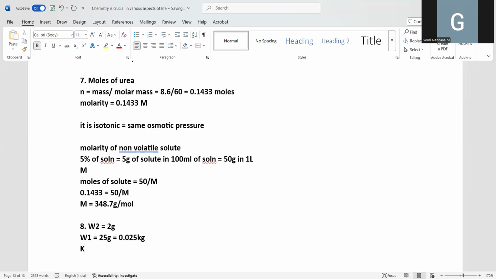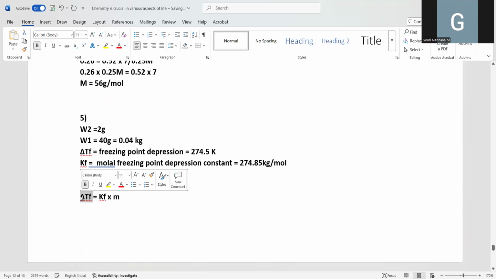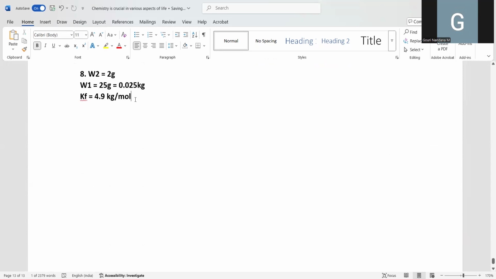Kf is given 4.9. Delta Tf is given 1.62 K.